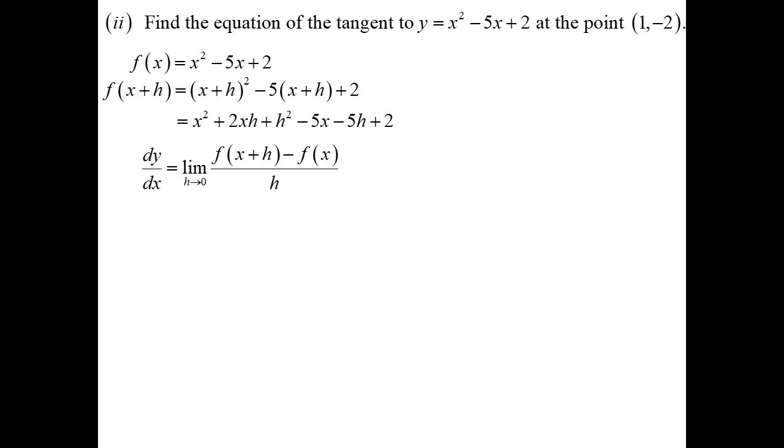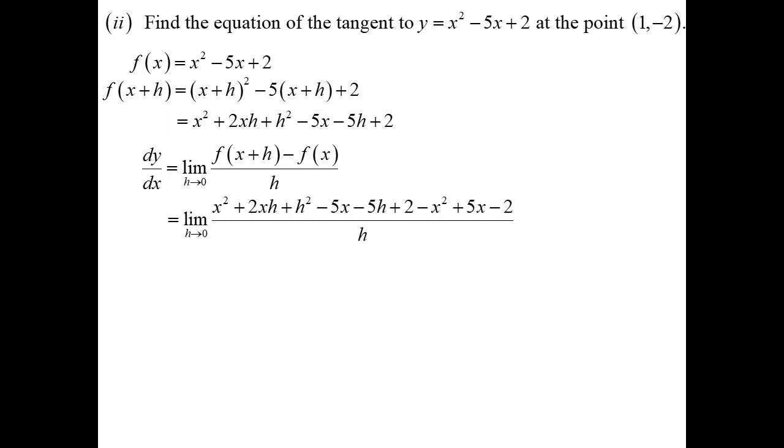Okay, let's sub it into our formula. Now this time I've used the dy dx notation. Okay, again we've got a bit of cancelling there. We end up with 2xh plus h squared minus 5h. Can't sub in here or I'll get 0 on 0. h will go into everything, so let's cancel that out. 2x plus h minus 5. Sub in h equals 0 and we get 2x minus 5.